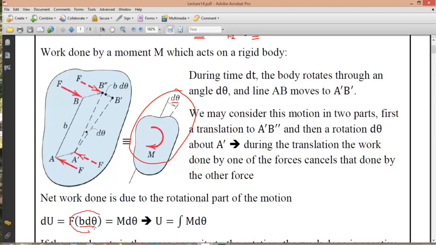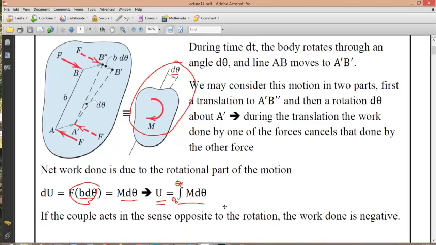This is due to the rotation, not due to the translational motion, but due to the rotation there is a translational displacement, and this is defined as b d theta, or in short M d theta, the finitely small angular displacement times the moment, will give us the work done by this moment. And if we integrate it from theta 0 to some theta final, then we will find the total work done by this moment during this motion.